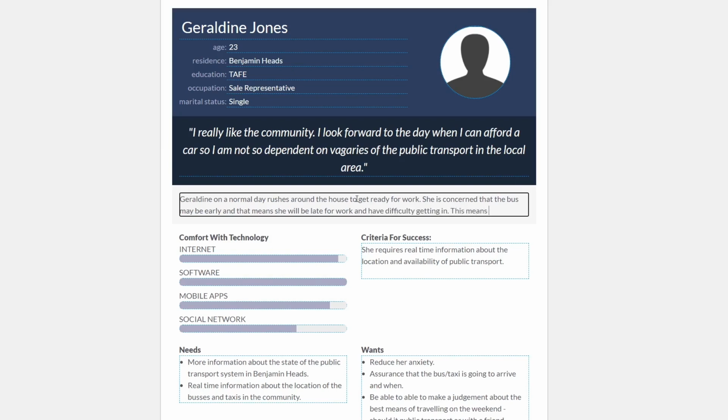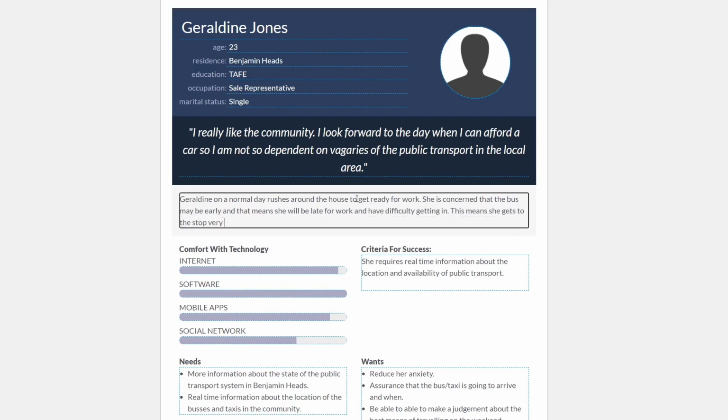This means she gets to the stop early, very early, and spends an inordinate amount of time waiting.